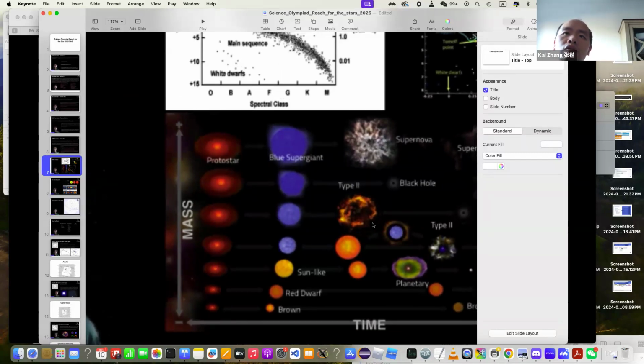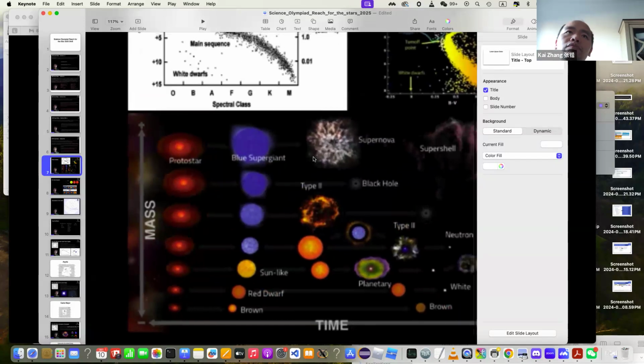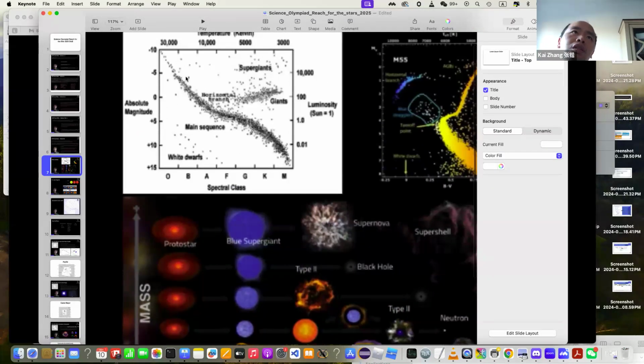And when it evolves to other later stages, what it tells you here is that if you look at this branch, the absolute magnitude is very bright, but the color gets much redder.